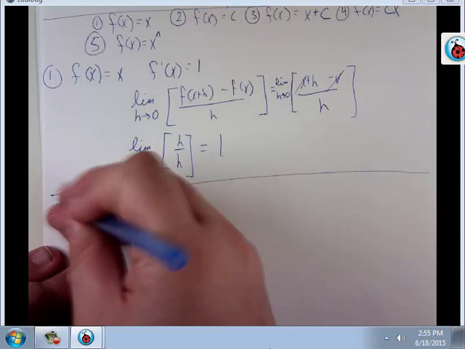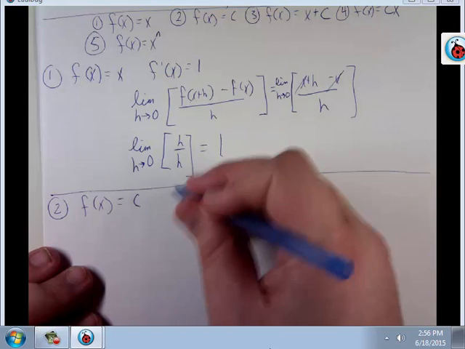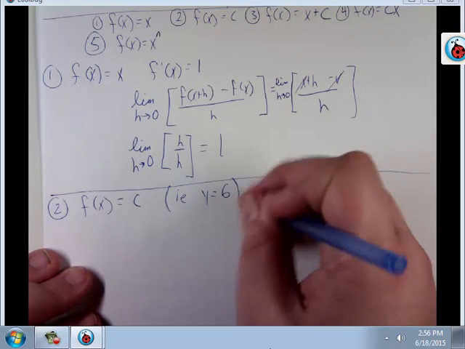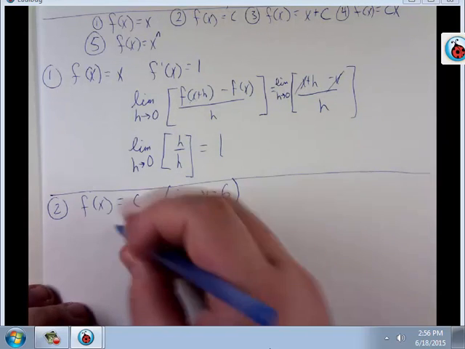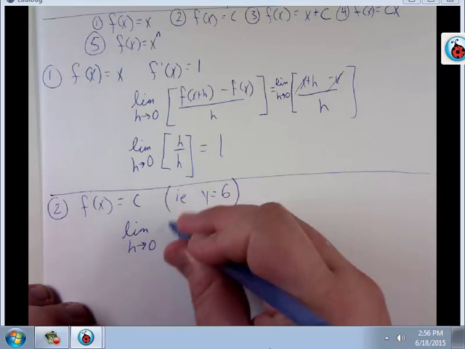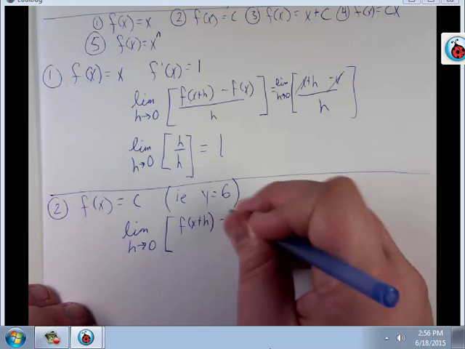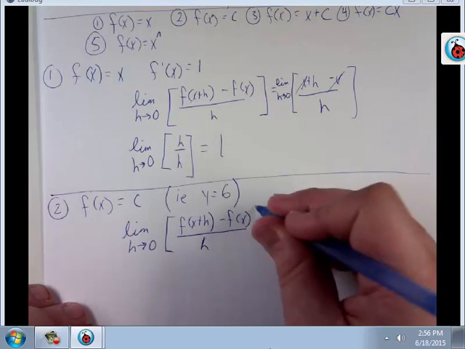Alright. What about when it's a constant? So what I mean by that is like y equals 6. Well, we're going to do the same thing. Limit as h goes to 0, f of x plus h minus f of x all over h.